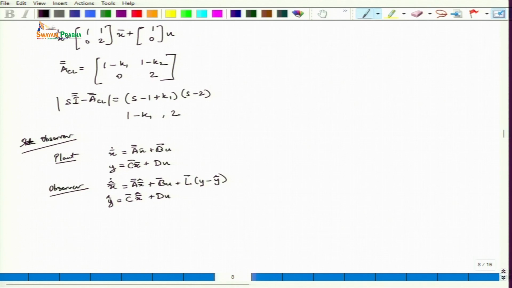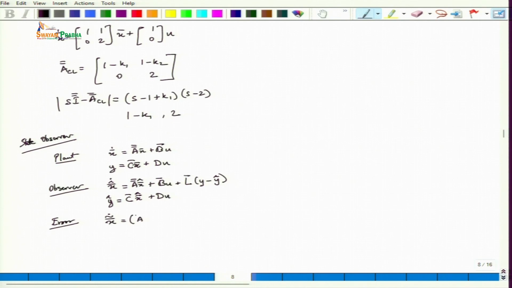When we combine them, what plays an important role is the error in this estimation, that is the error between x hat and the actual x. That error dynamics we can represent as x tilde dot, the derivative of x tilde.